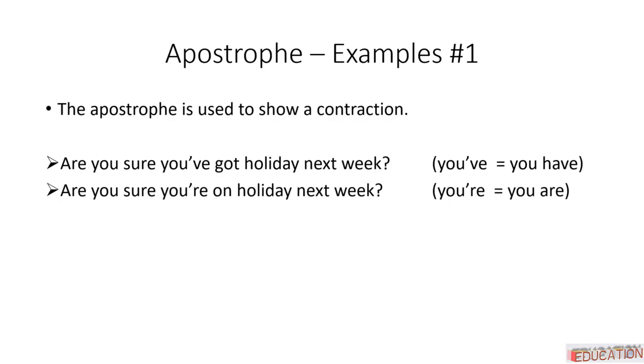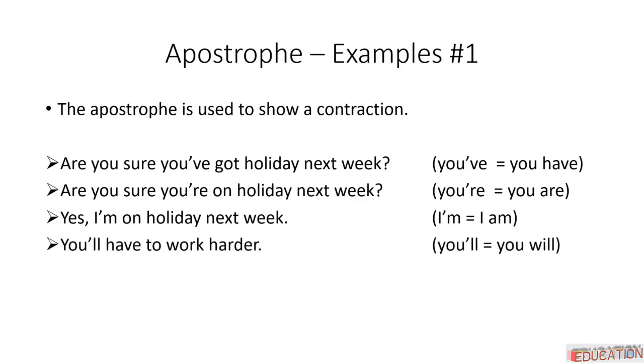Where "you're" is the contraction of "you are." Yes, I'm on holiday next week. "I'm" is a contraction of "I am." Well, you'll have to work harder. Where "you'll" is a contraction of "you will," or sometimes "you shall." But no matter what the contraction is, there's always the apostrophe that is used to show the contraction. And these are very common in English. You'll find them all over the place.